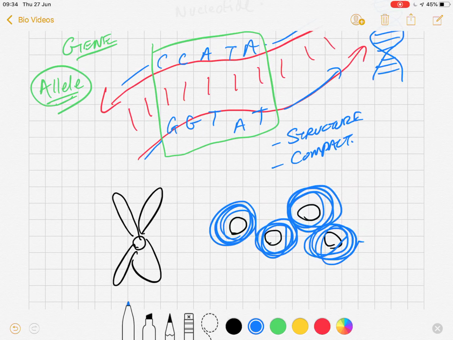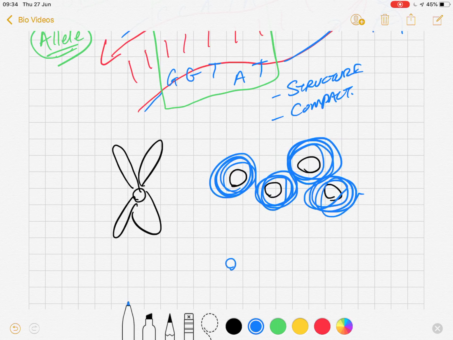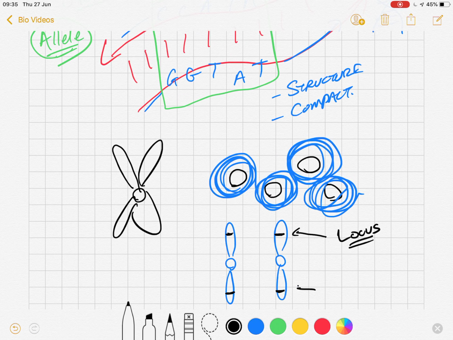When we see a chromosome, and we'll get onto this in cell division, what we're looking at is usually sets of chromosomes that look like this, in pairs. We call these pairs homologous pairs, and that's because each location that a gene is found on, which we call a locus, is the position of one gene. Here's the locus of a second gene.